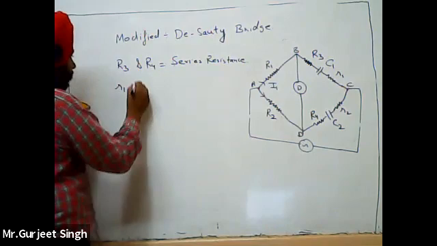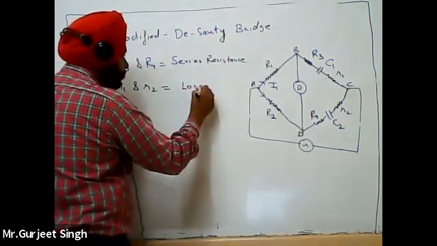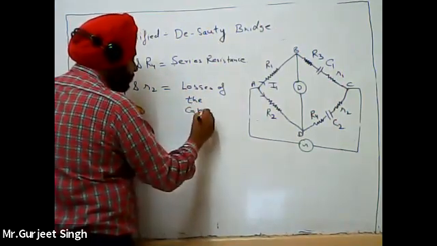Then R1 and R2 are the losses of the capacitor.